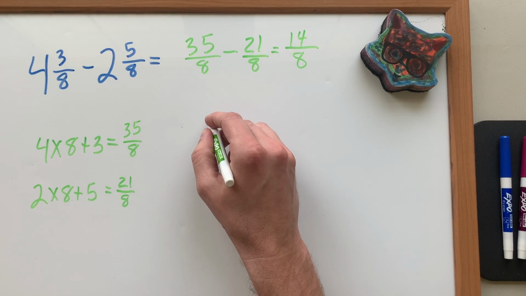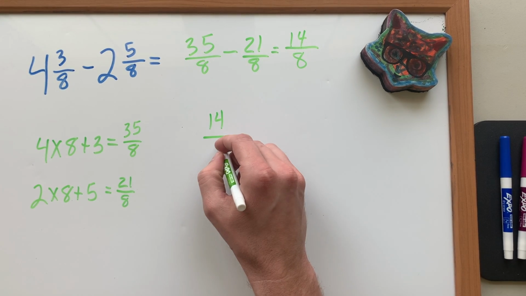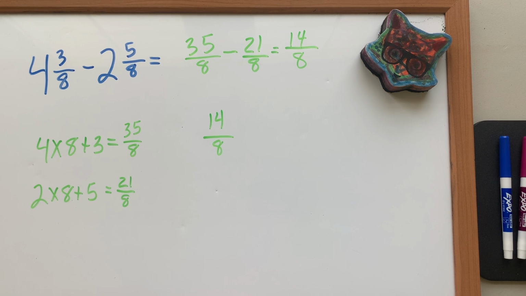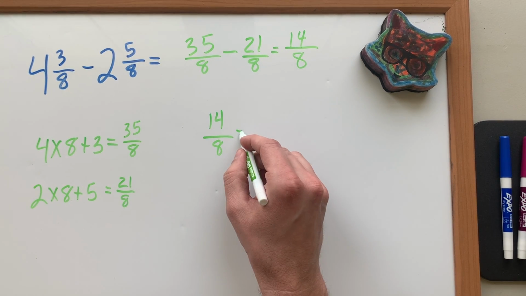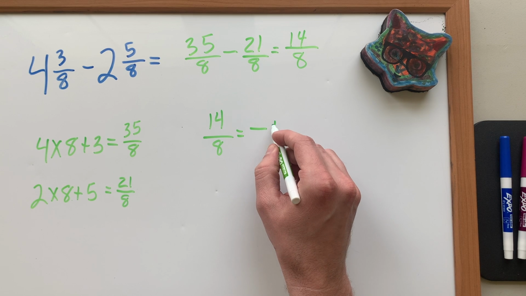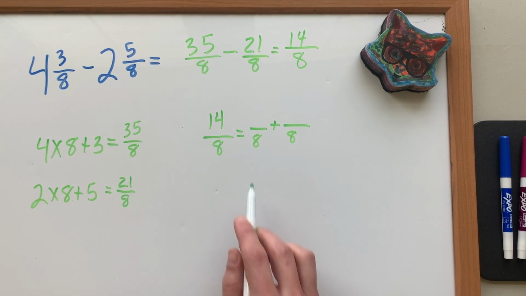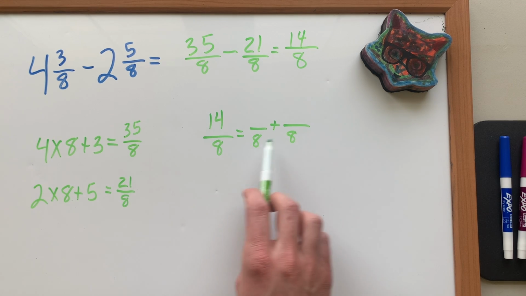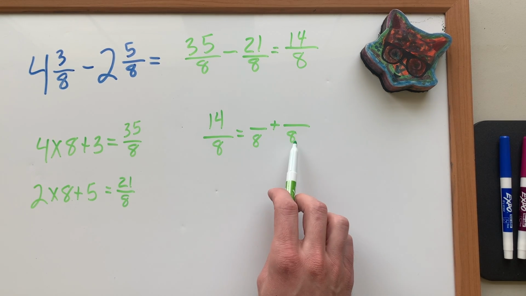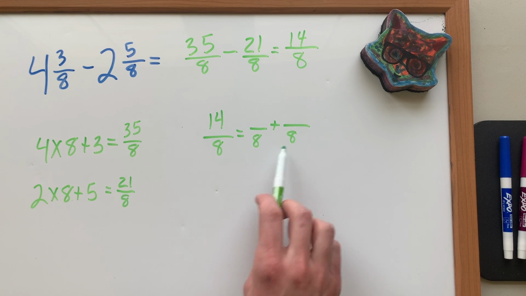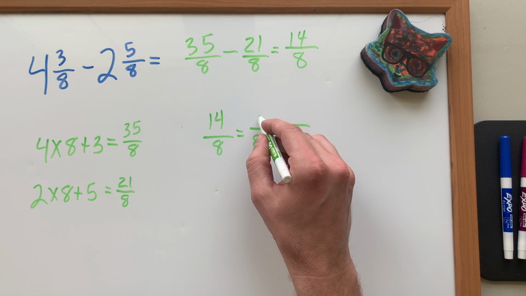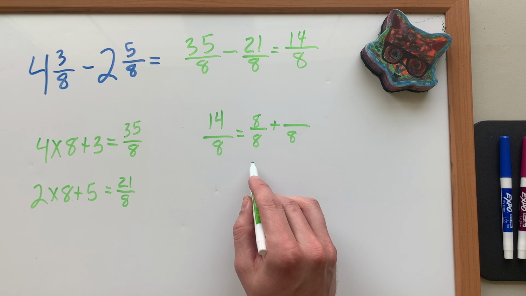Now let's take that 14 eighths and convert it back to a mixed number. 14 eighths is going to be the sum of some fractions that have 8 as a denominator. Remember that we can add fractions or subtract them if they have the same denominator. So let's take 8 because that gives us a whole 1.